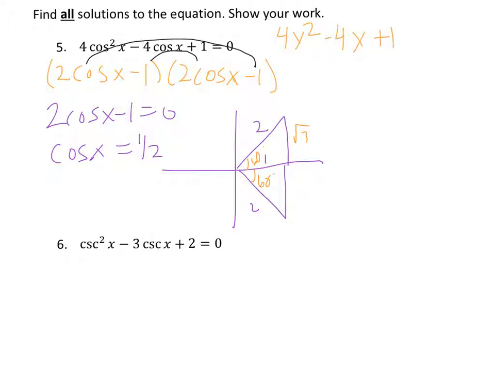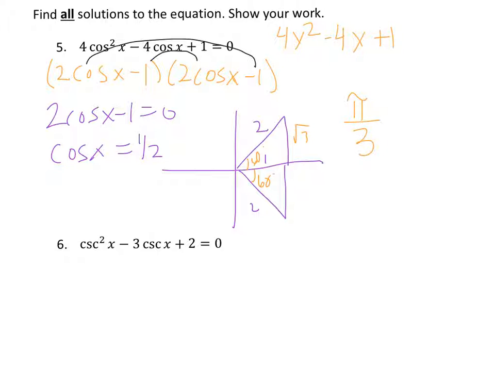Now again, this is where you want to check. In between these two terminal sides is 120. On this side, it would be 240. So they cannot be combined for my equations. So I'm just going to have 2 equations. My first angle, 60 degrees, that's the same thing as pi over 3.